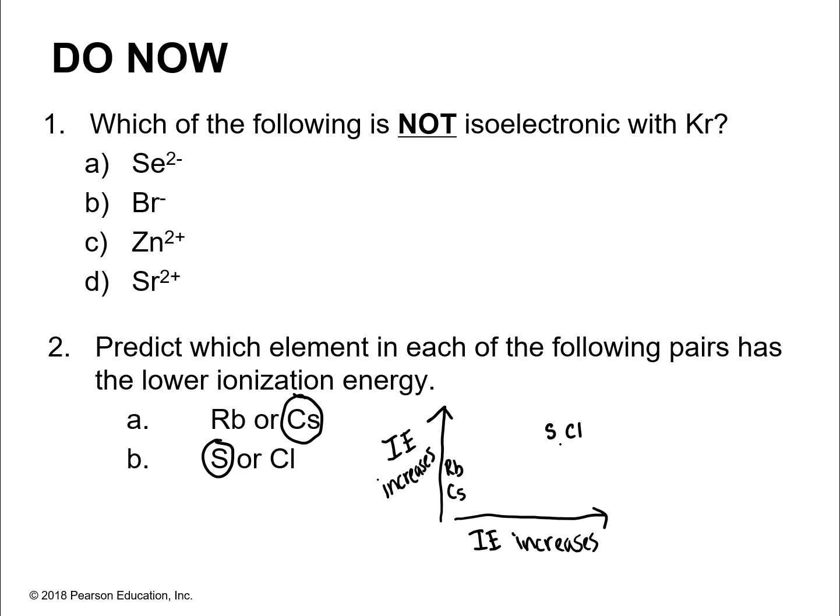Now we're going to go over question number 1. So we kind of left off on the topic of ions, writing their configurations, and this idea of isoelectronic. Remember that isoelectronic means the same number of electrons. So what we're saying here is which one of these choices does not have the same number of electrons as krypton.